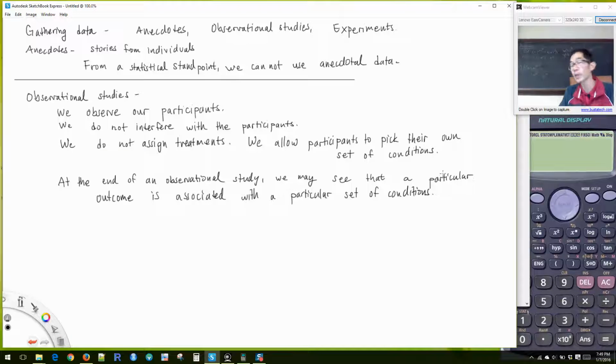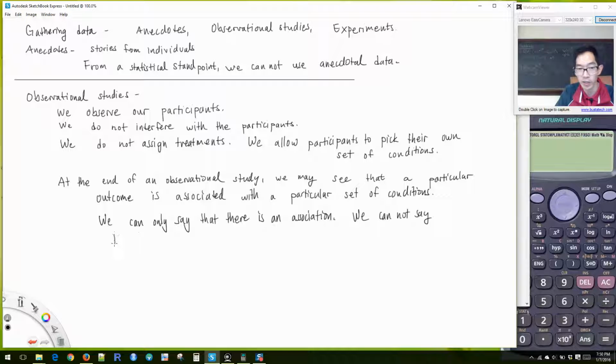Okay. If that happens, all we can say is that these things are associated. We cannot say that one causes the other. Okay, so we can only say that there is an association. Okay, we cannot say that one causes the other, that one causes or is caused by the other.